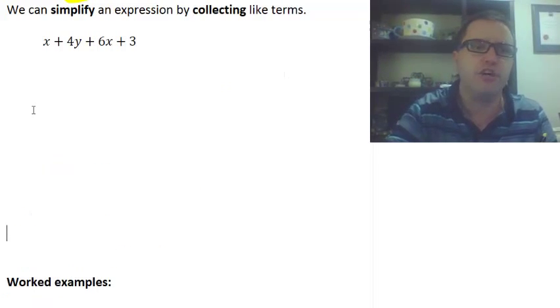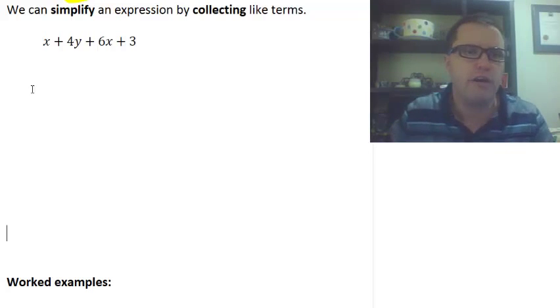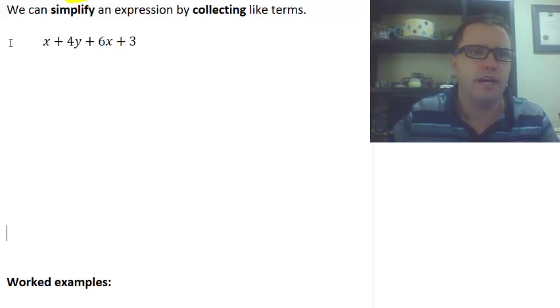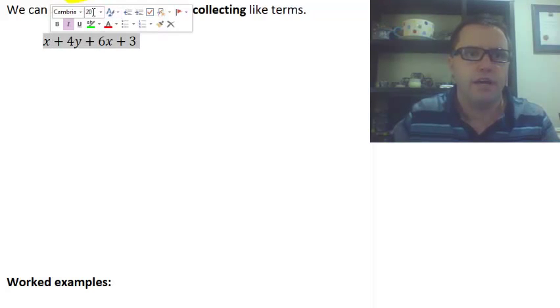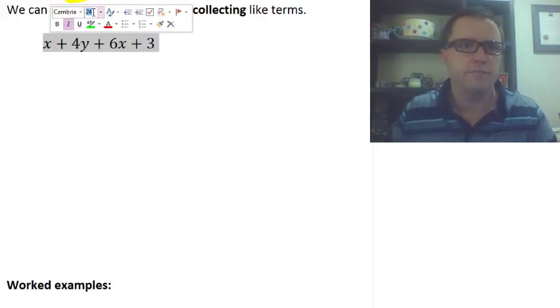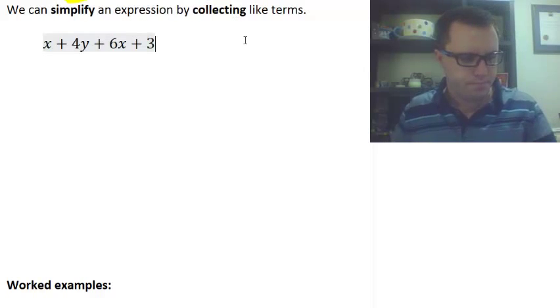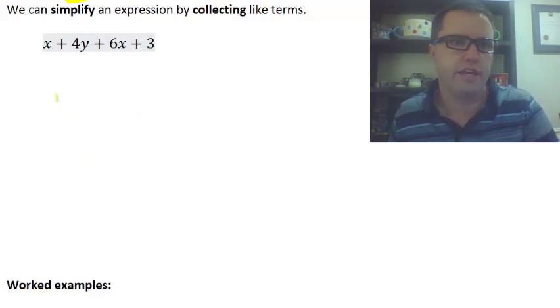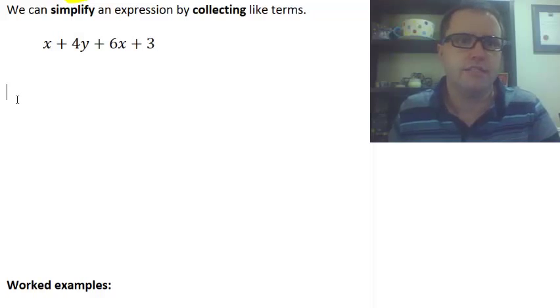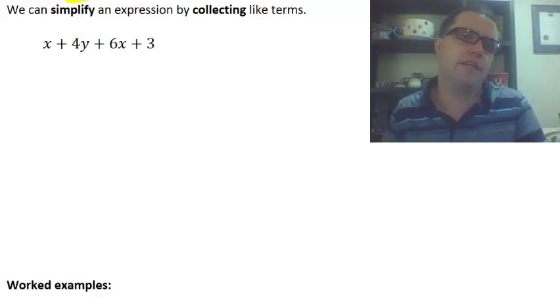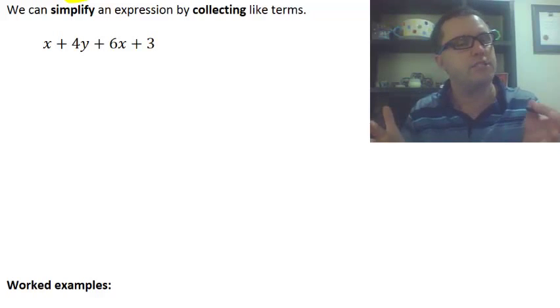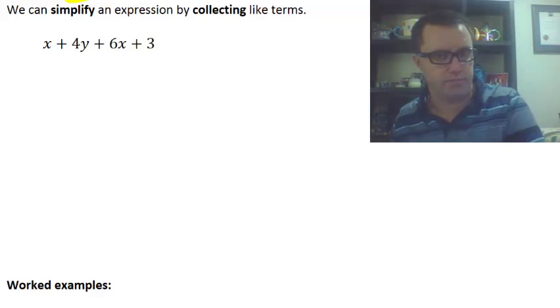Now, I'm going to show you how I recommend is a good way of going about it, okay? Let's embiggen this. Here I've got x plus 4y plus 6x plus 3, and we're going to collect these by collecting like terms. Now, we're only allowed to add and subtract like terms, all right?